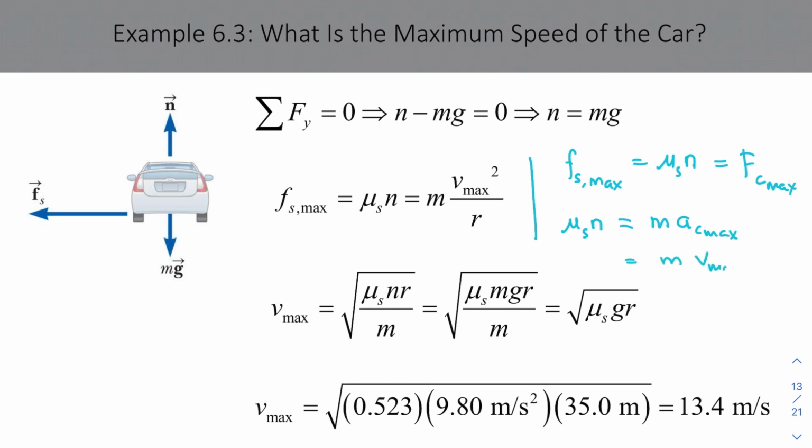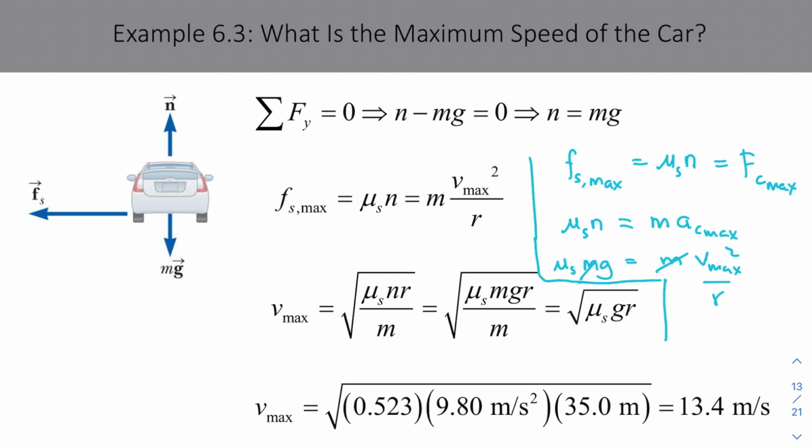It is V max squared over R. And our N is mg, so mu s mg. From there we may cancel out the m, and to get V max we rearrange the equation.